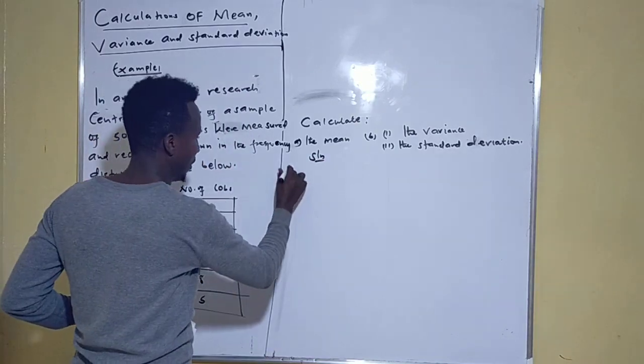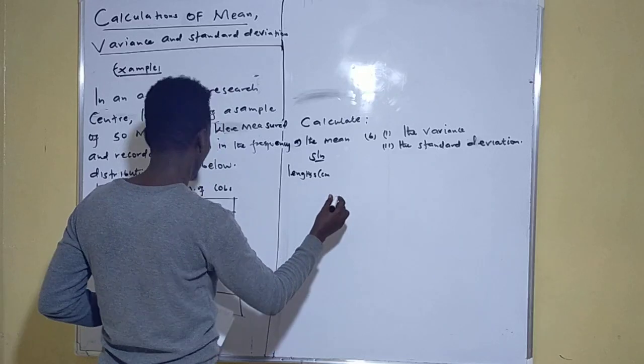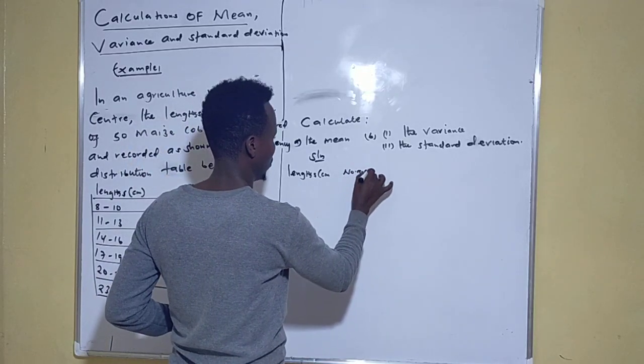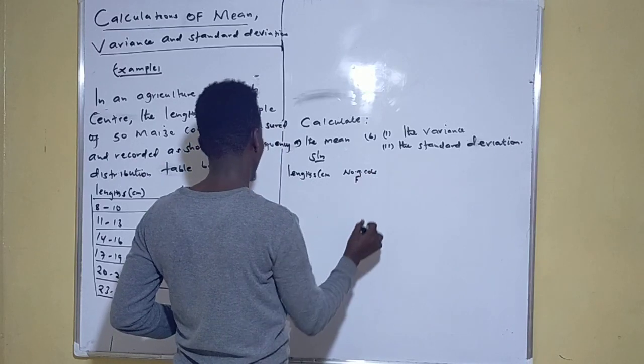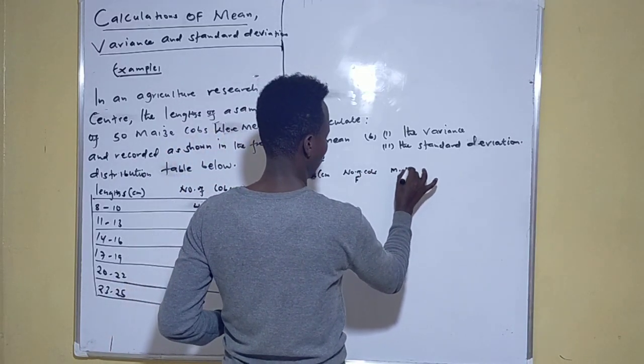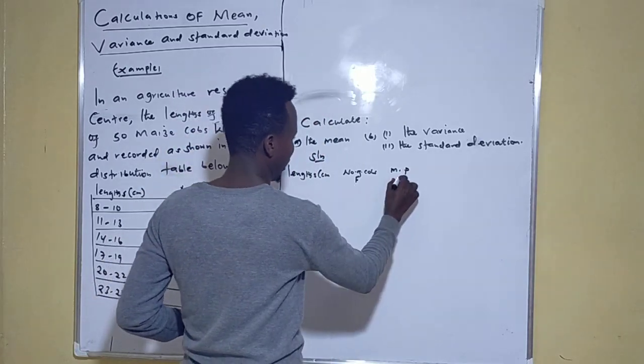Let's say we have length in centimeter, followed by number of cobs, which is f. Then followed by midpoint, which will be x this time.